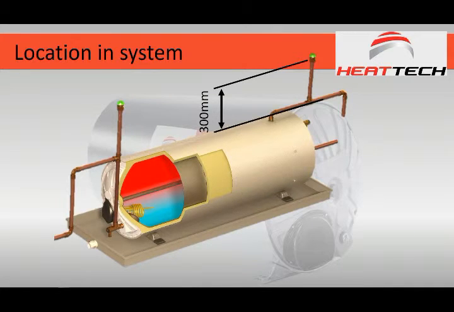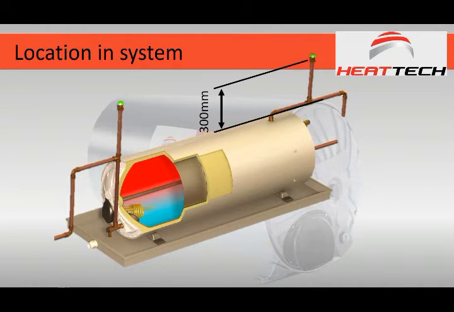When you started off the series, Herman, you said to the guys that as we go through the series, we're going to explain why things are like that. So, for instance, this 300 millimeter, everybody knows it's got to be 300 millimeters.